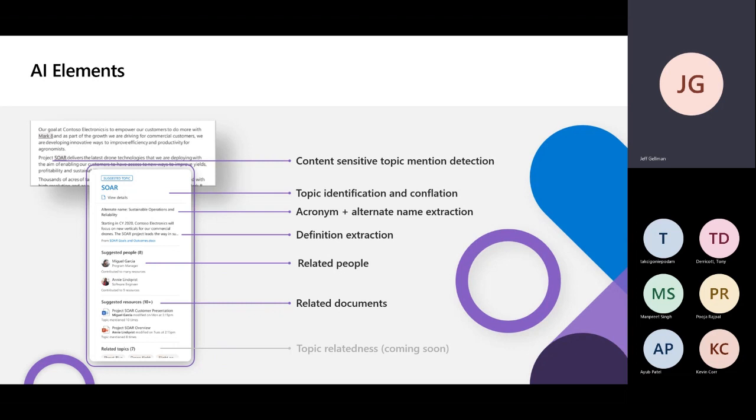This process starts by identifying the topic name. Using the same files and pages, it extracts acronym, alternate names, or definitions for that topic. Related people are identified based on their contribution and activity to the files and pages as understood through the Microsoft Graph. And related documents are displayed based on their relevancy to the topic.